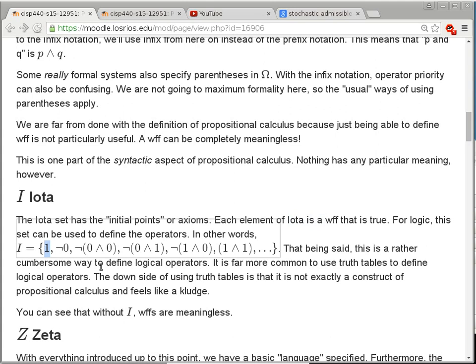Okay? So we basically say 1 is true. Okay? We say the negation of 0 is true. So these are all by definition. And then we say the negation of 0 and 0 is true, which is basically saying 0 and 0 is false. Okay? But we have to confirm whatever you express here has to be what is true. You cannot say what is false. Okay?